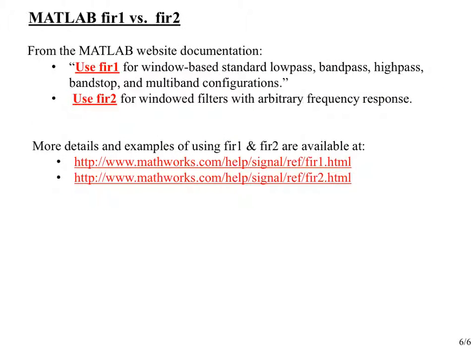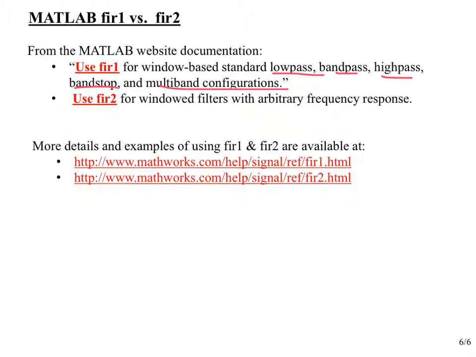Okay, last for this set of notes, just comparing FIR1 versus FIR2. Basically, MATLAB is giving you some guidance saying that you can use FIR2 for standard low pass, band pass, high pass, band stop, multi-band, and what it's not good at is coming up with some arbitrary frequency response.